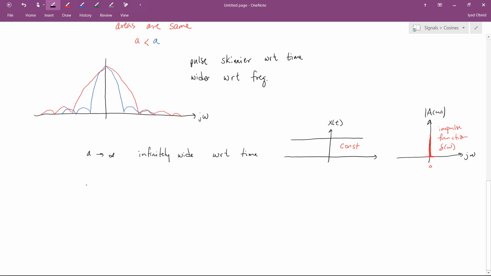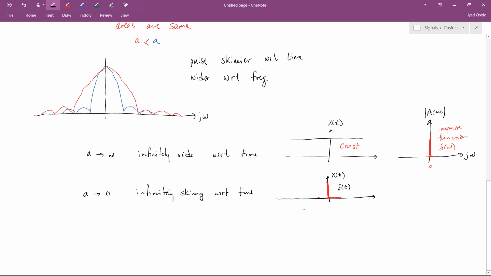Now if we go the other direction, if we let our time pulse get infinitely skinny with respect to time, then as it gets skinnier and taller, in the limit that A goes to 0, it winds up being so infinitely skinny and so infinitely tall that x of t is an impulse with respect to time.